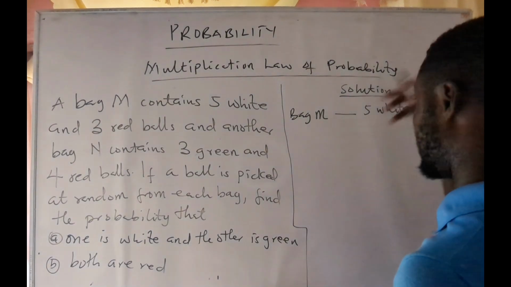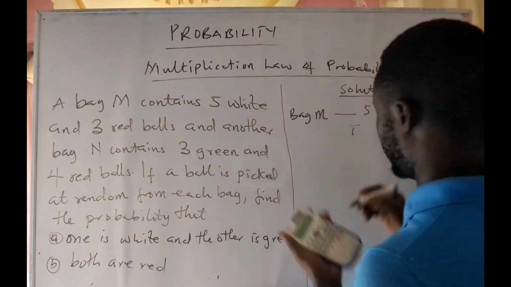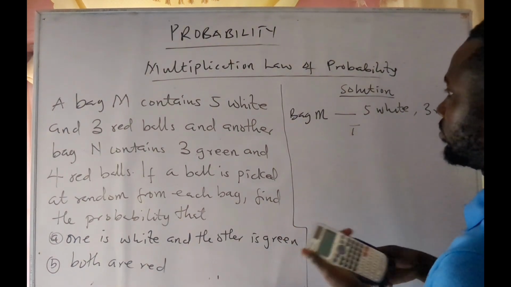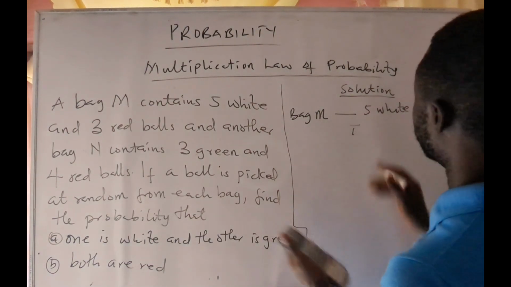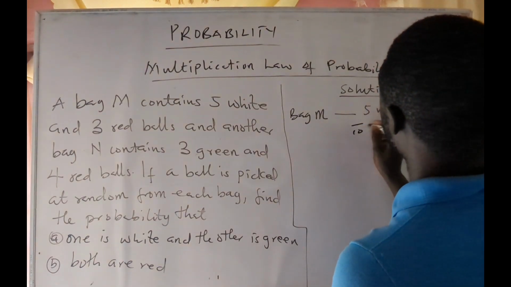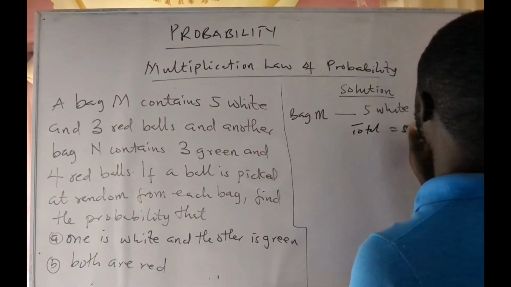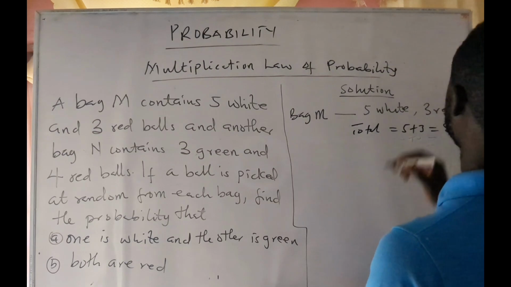Because this is probability, we have to find the total. The total will give us 5 plus 3, that will be 8.